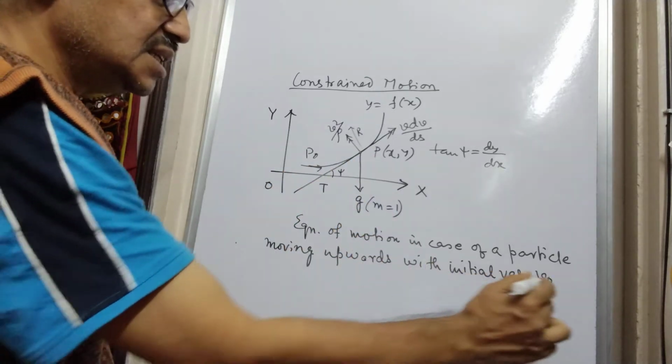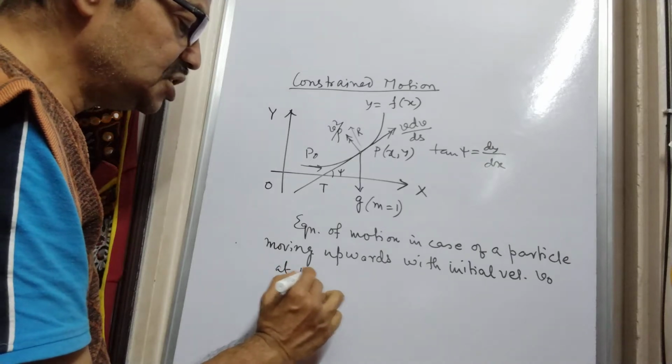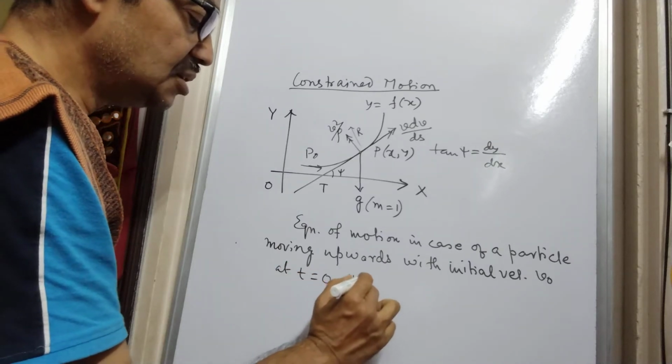So the initial condition is v0 at t equal to t0 and psi equal to psi 0.